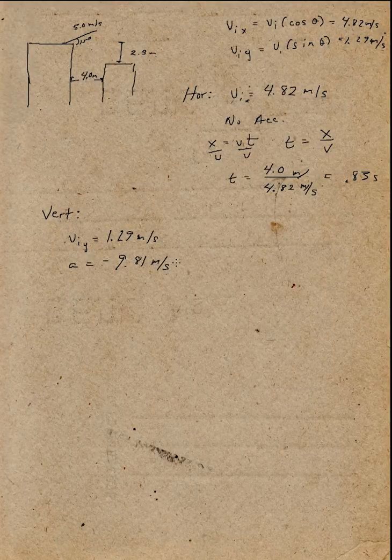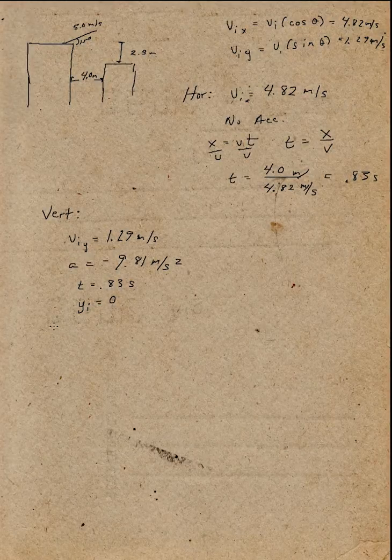It's negative because it's going in the downward direction, where his velocity was jumping in the upward direction, so that's why we have a sign difference here. We know that the time is equal to 0.83 seconds, which we calculated in the last step. And the place that he's starting from, that initial position, we're going to call 0.